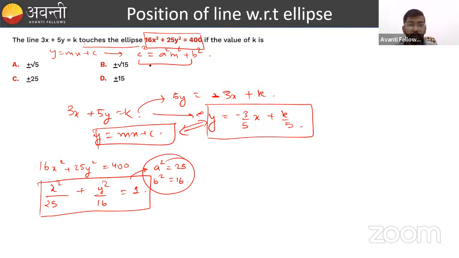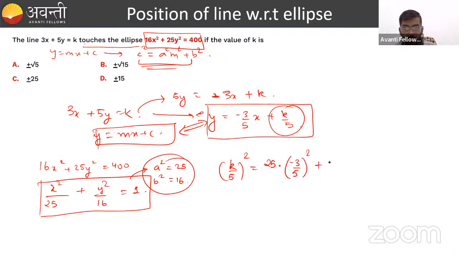Now we just use the condition of tangency. What is the condition of tangency? c square. What is c? The c value is k by 5. So (k by 5) whole square equals a square into m square plus b square. a square is 25, m square is (minus 3 by 5) whole square, and b square is 16.